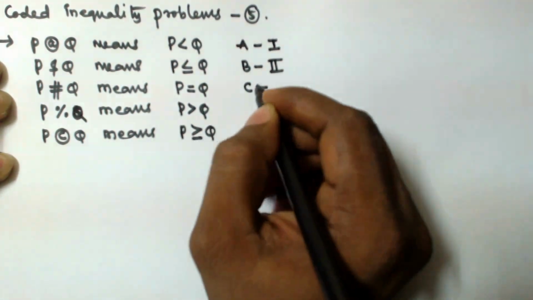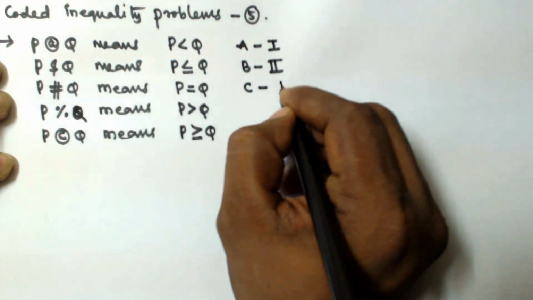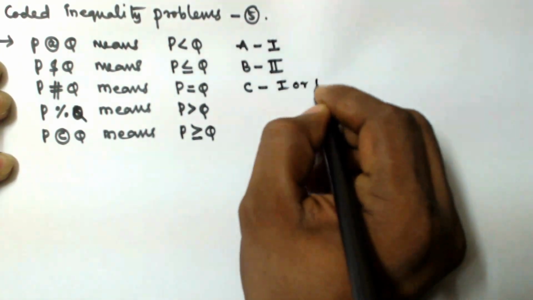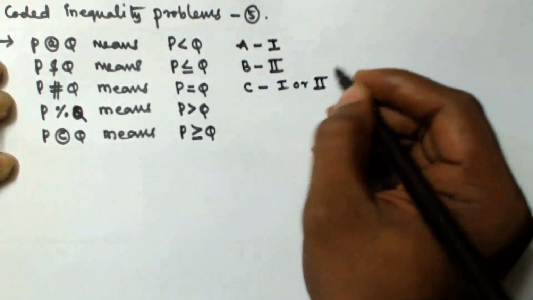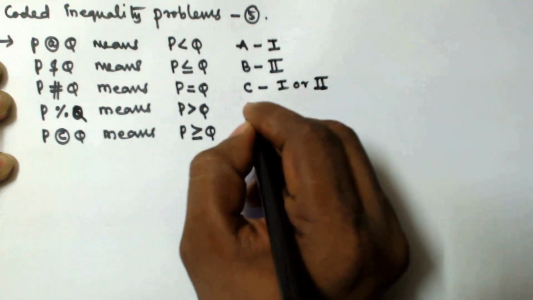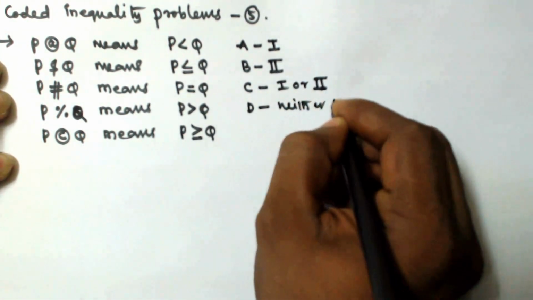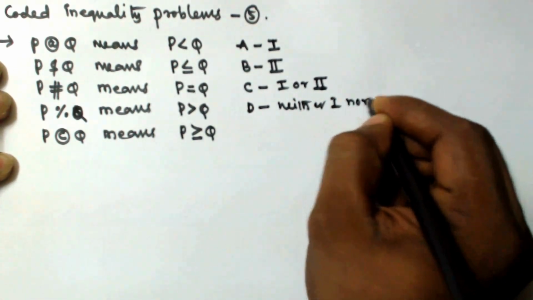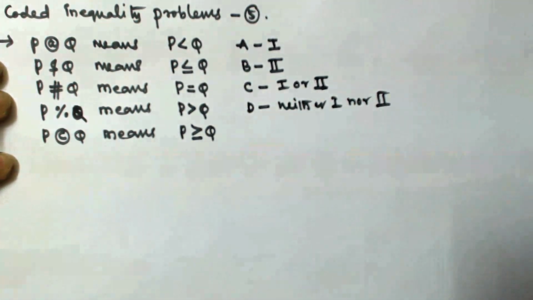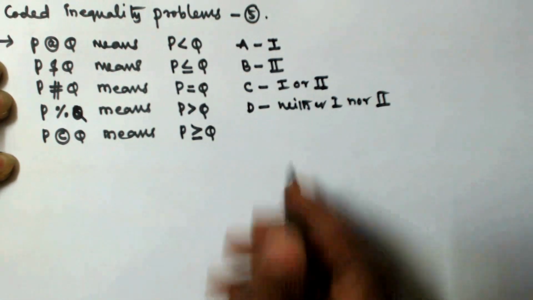Option C if either 1 or 2 is true. Option D if neither conclusion 1 nor conclusion 2 is true, that means both are not true.